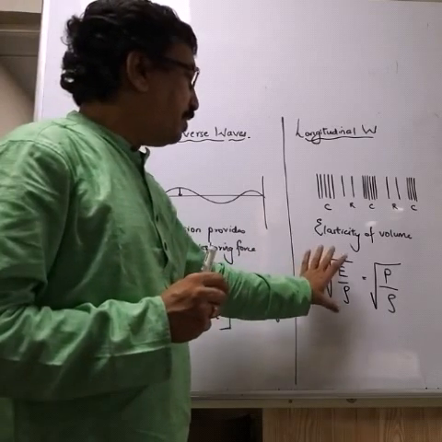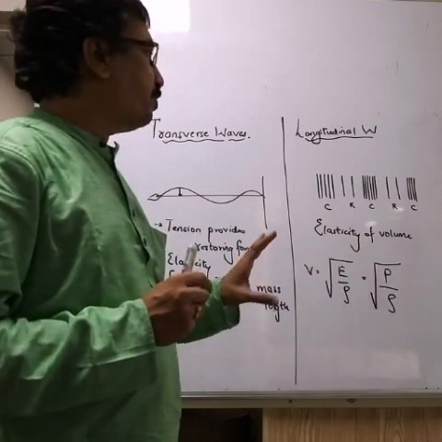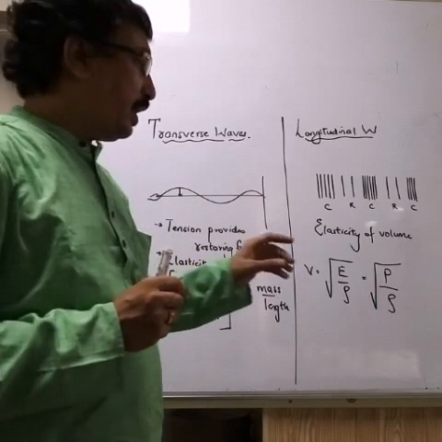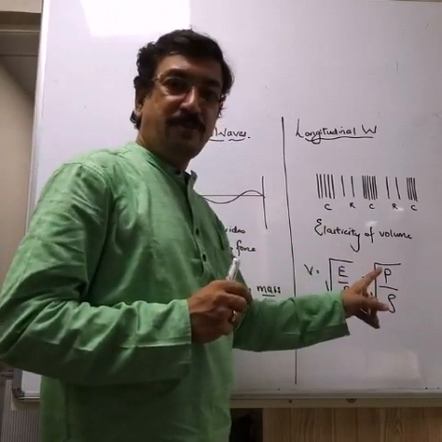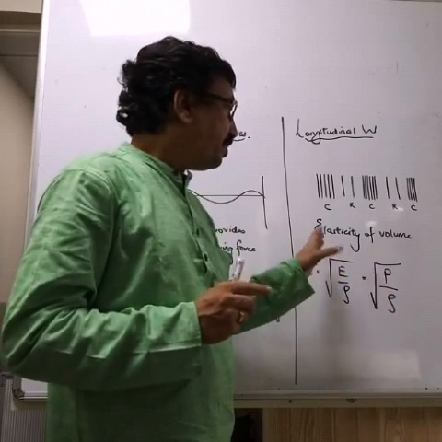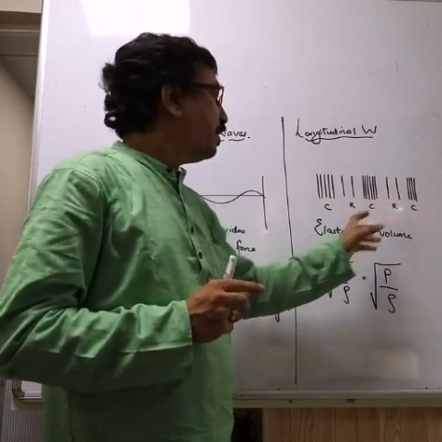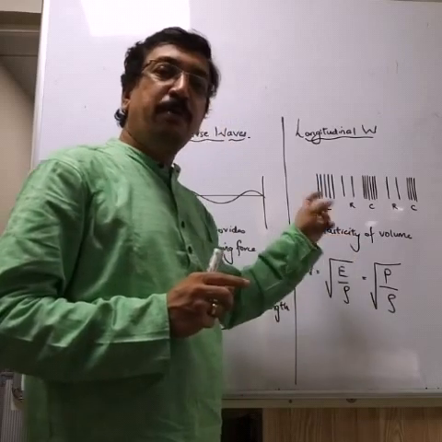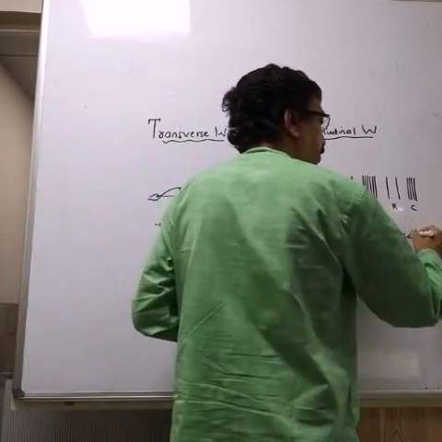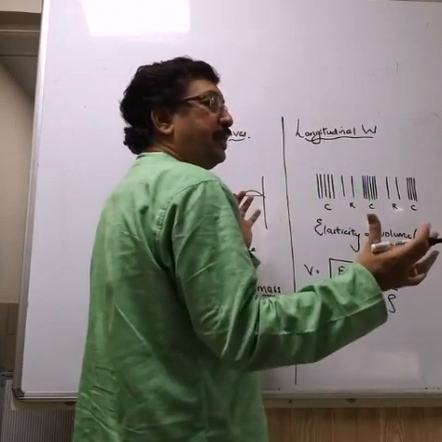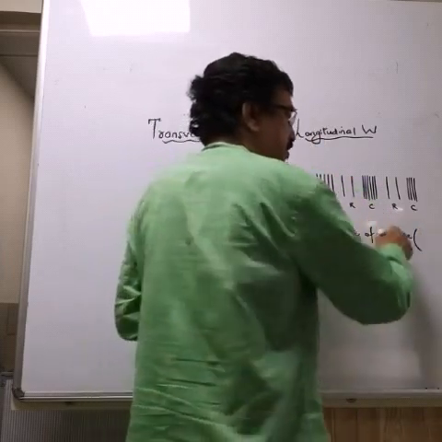So the formula is given by Newton, and this formula is for longitudinal waves, especially when they are traveling through an elastic medium. Which elasticity should the medium possess? It should possess elasticity of volume, meaning the volume can change and it will regain its original shape.